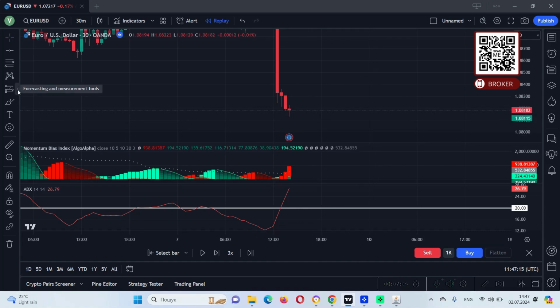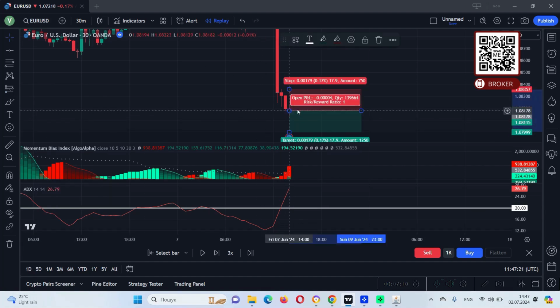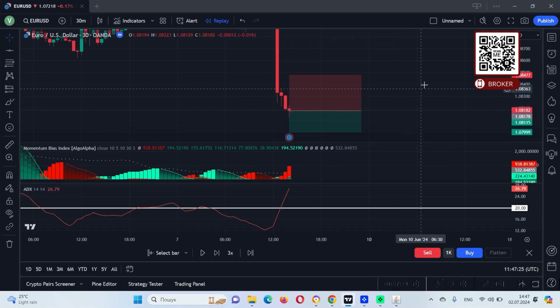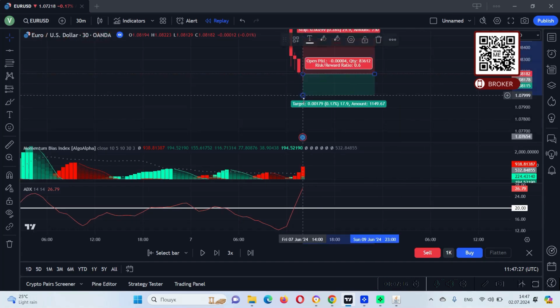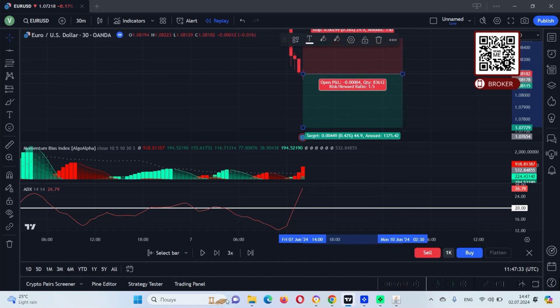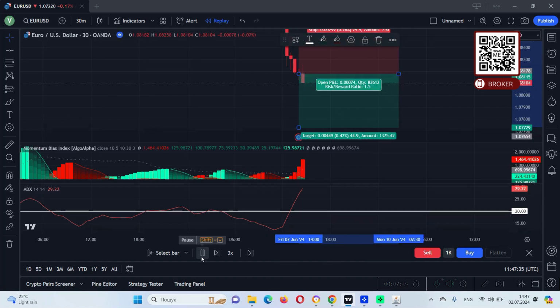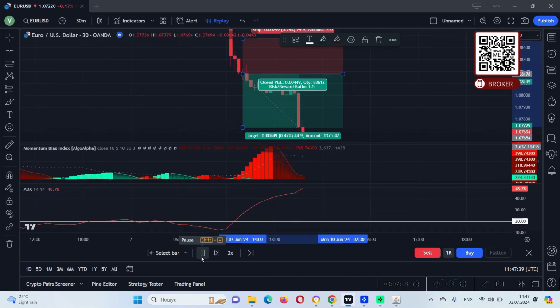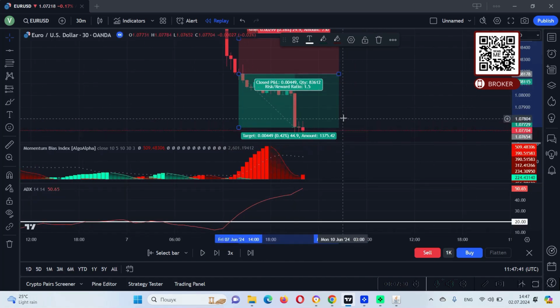That's why I'm initiating a transaction for sale. I have set a stop loss and take profit. And I am observing how this trade deal will unfold. As you can see, we also concluded this trade in profit.